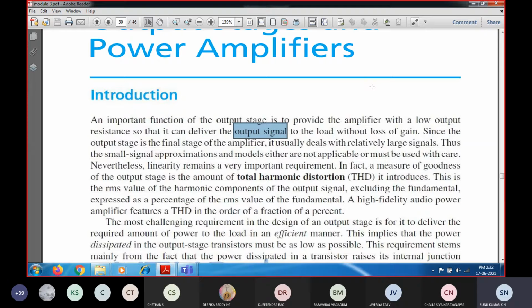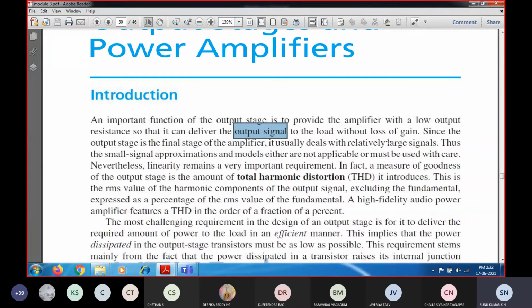If the output resistance of the amplifier itself is large, then power signal loss will take place between it and the load. Since I am dealing with the power amplifier, the output stage will be the final stage of the amplifier, so it will handle relatively large signals, in terms of power signals.